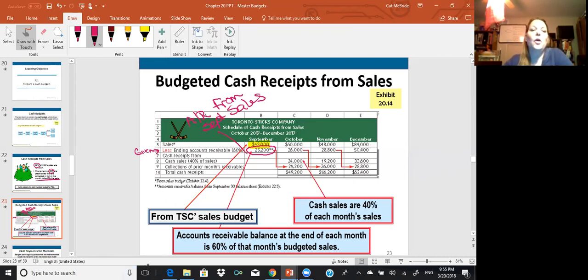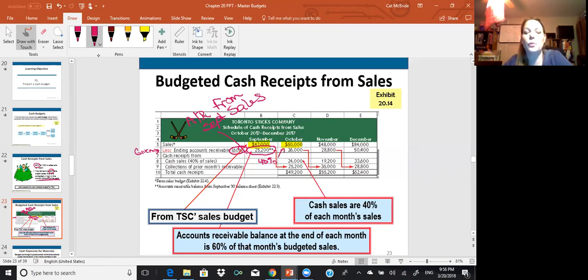So now in October, we know that we're going to sell 60,000. 60% of that will not be collected. Right off the bat, 60% will not be collected. It'll be collected in the next month. So we're going to take that 60% off. But we're going to collect 40%. So this is the 40% of that.